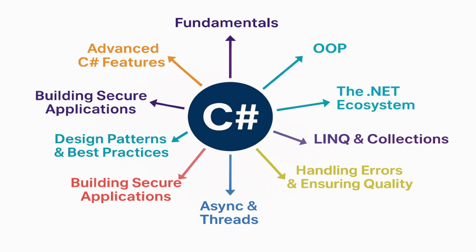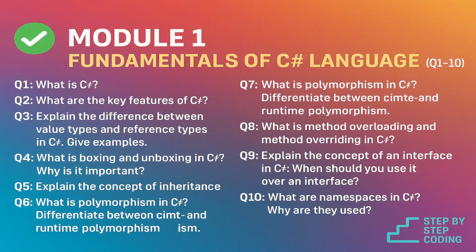To give you a clear roadmap of this series, I have organized these 100 questions into 12 logical modules. Think of each module as a focused learning block building on the last. So let's take a quick tour.